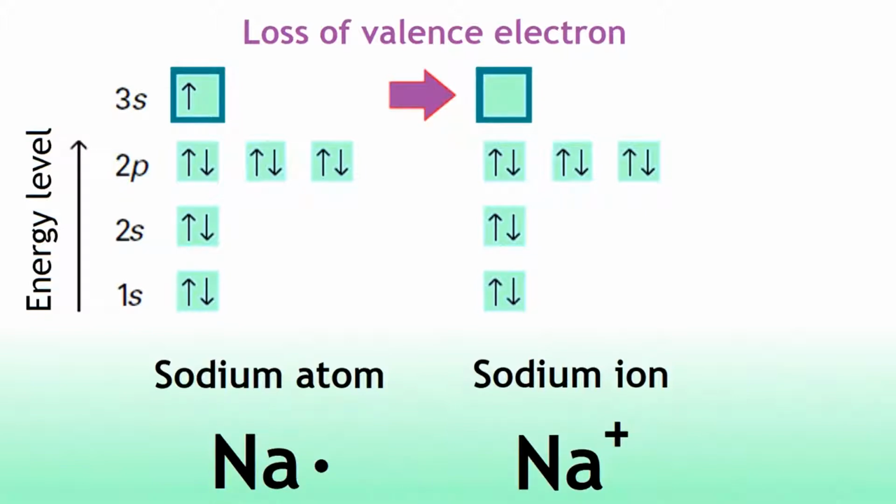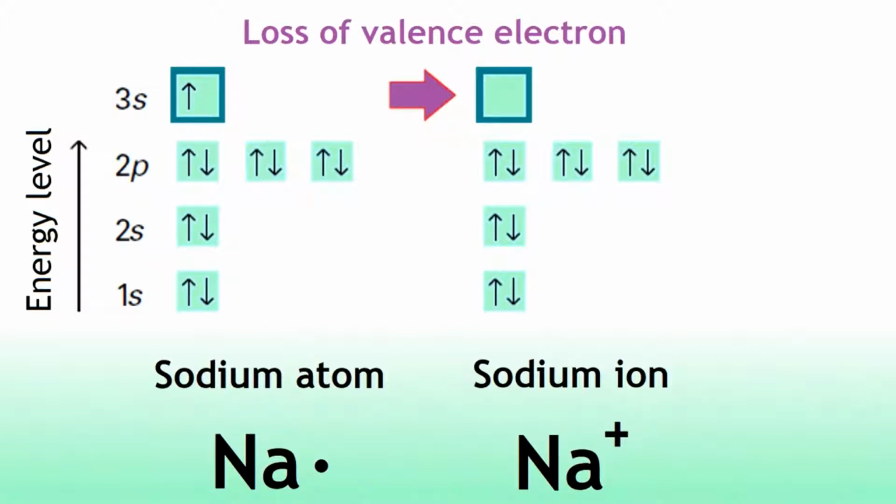It is the 3s orbital, and it has 1 arrow in the box because it has 1 electron. And we show that single valence electron in the Lewis dot structure as a single dot outside the symbol for sodium. However, there's room for as many as 8 electrons in the third energy level, and so that 1 electron, you might say, is lonely.